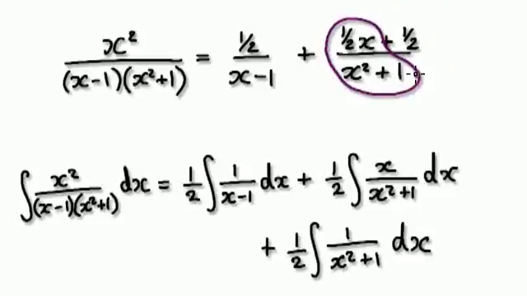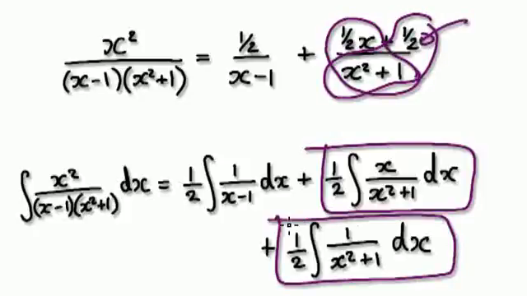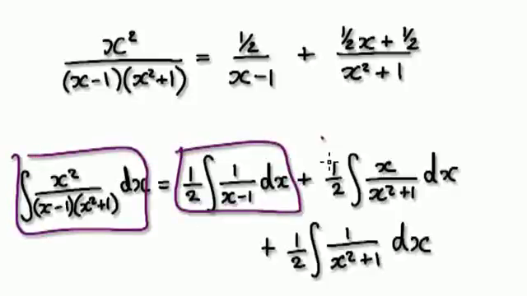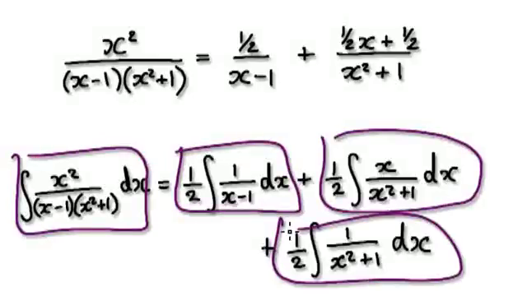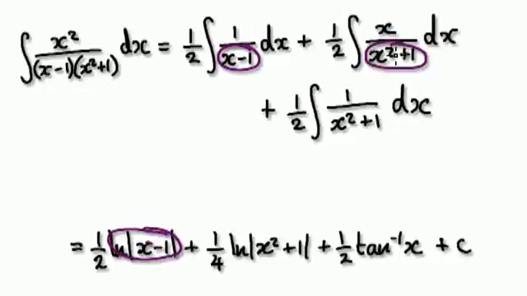Integrating this is the same as integrating this, this, this. Now integrate, that will give you this, because this thing is going to be log. And then integrate this, it will give you this.